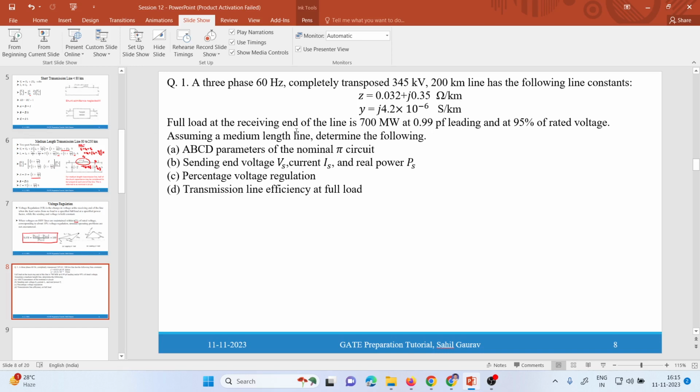Full load at the receiving end of the line is 700 megawatt at 0.995 power factor leading and at 95% of rated voltage. Assuming a medium length line, determine the ABCD parameters of the nominal pi circuit.